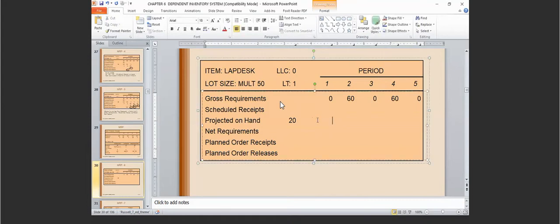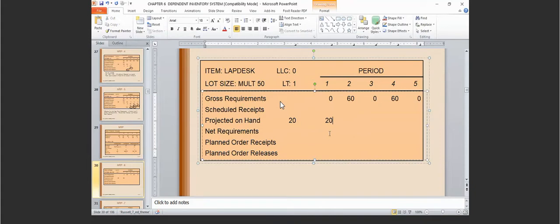So we maintain the inventory level at 20 unit at the end of period 1, but there is a gross requirement of 60 unit in period 2, and the projected on hand inventory that we have at the end of period 1 is only 20 unit.